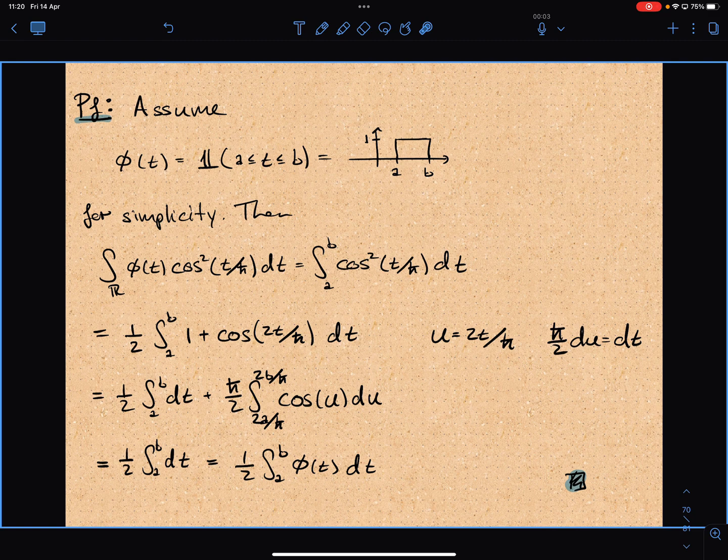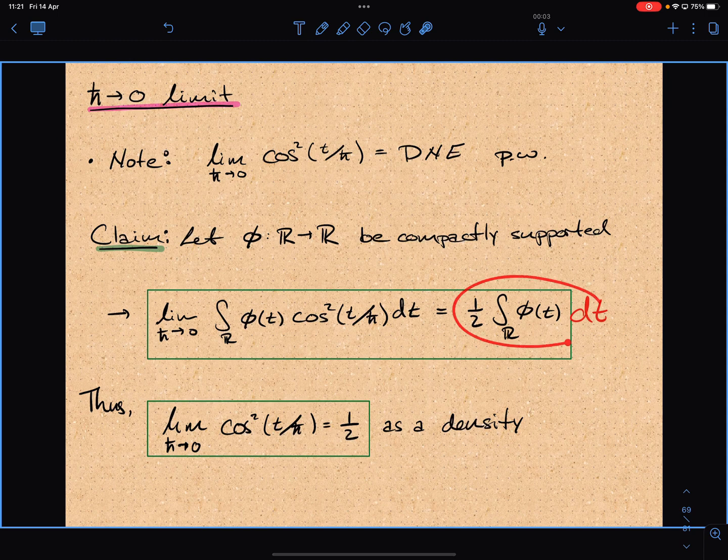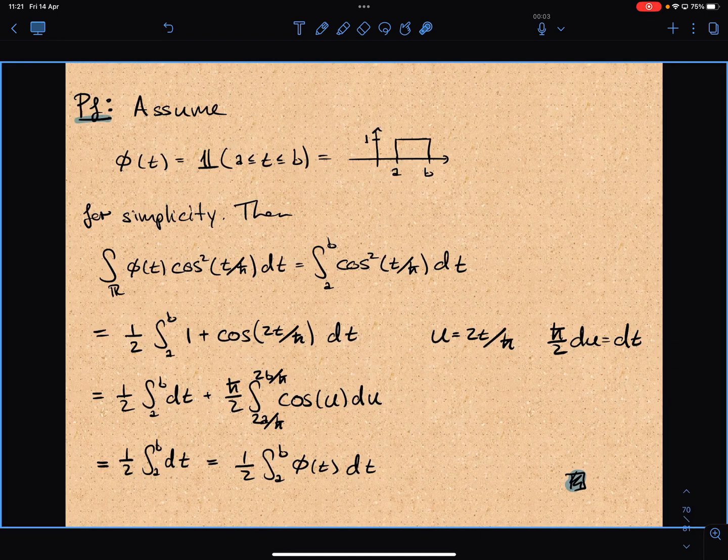Then I use the half angle formula for cosine squared, and pull out a 1/2 and 1 plus cosine 2t over h bar. This integral is just going to be 1/2 the integral from a to b dt. This is what we want. And for the other integral, we want it to go to 0.